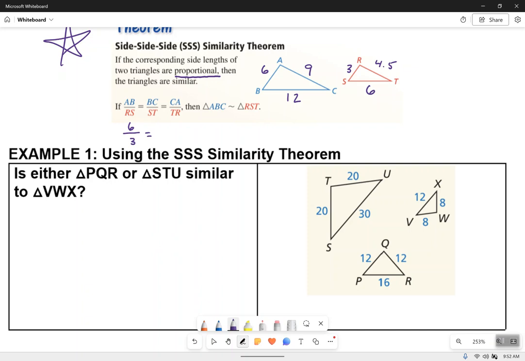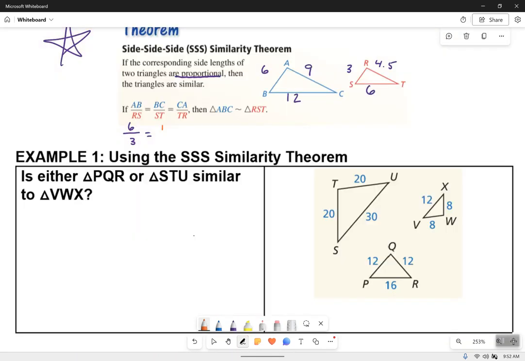What's BC over ST? 12 over 6. Okay. And then hopefully that equals the ratio of CA over TR. What do I have for CA, over what?